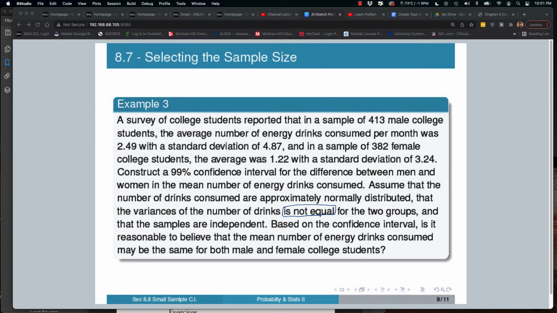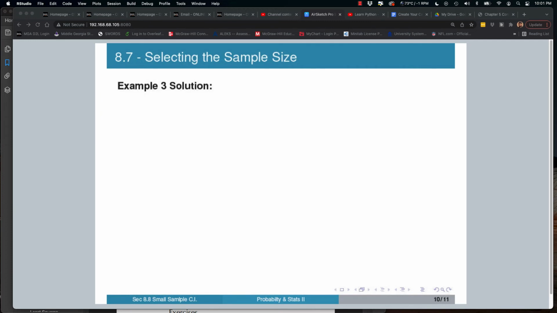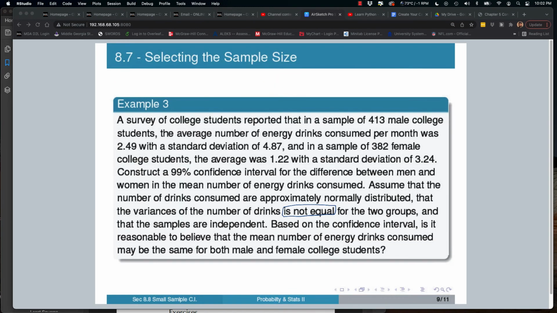Well, we'll find out. So all the information we gave, and we have the sample size for the men, which was 413, and the sample size for the women, we'll just call them female, was 382. The sample mean, y bar sub m, was 2.49 for the men, I believe. Let me double check that.